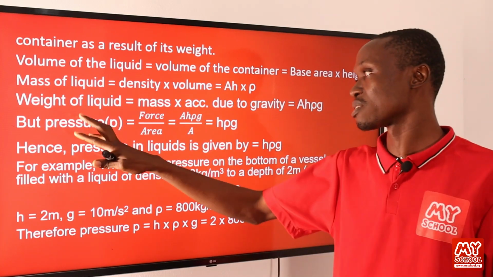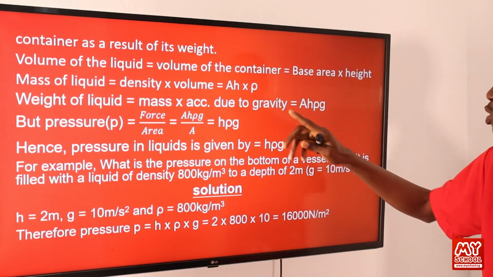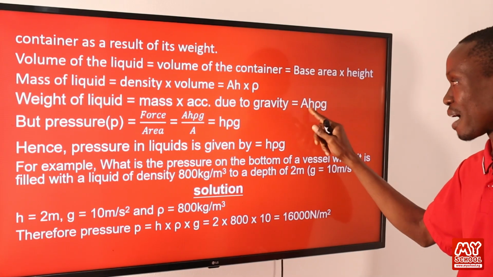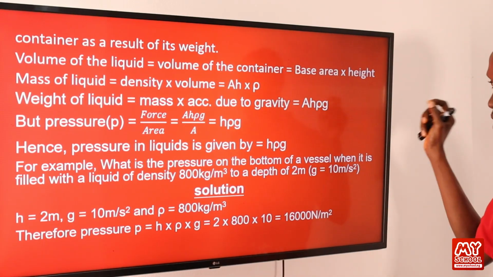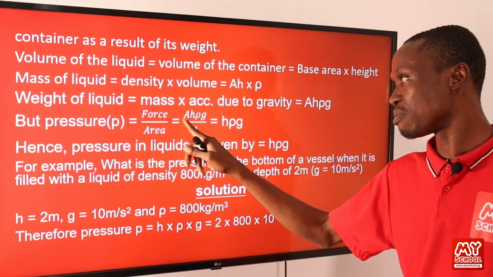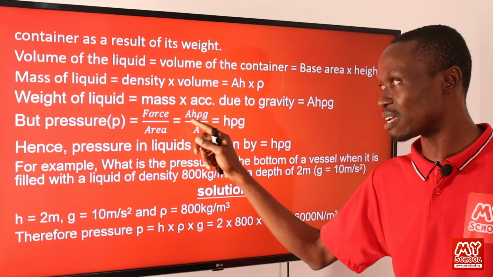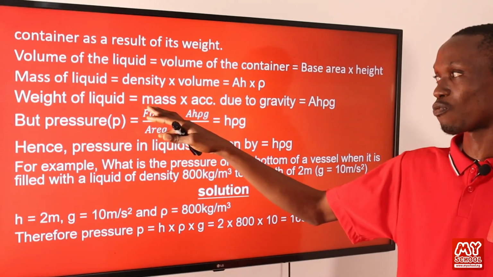Okay, but remember that pressure is equal to force over area. And from here, we know that our force is equal to base area times height times density times acceleration due to gravity. So in place of force here, we replace it with base area times height times density times acceleration due to gravity, divided by area. That is the formula for pressure, force over area.